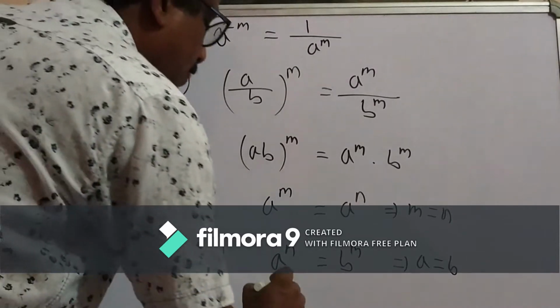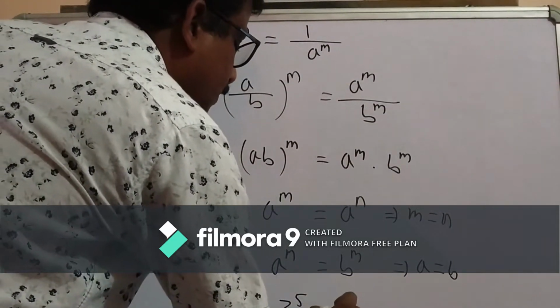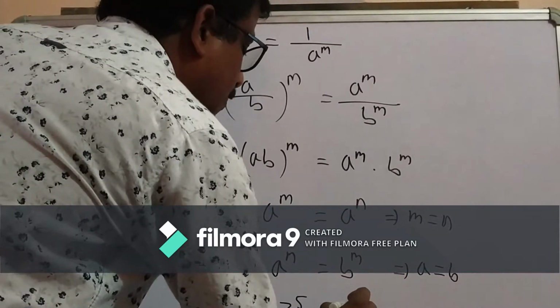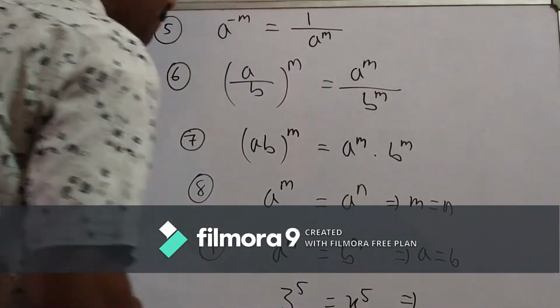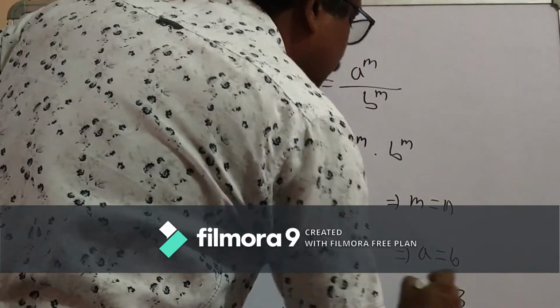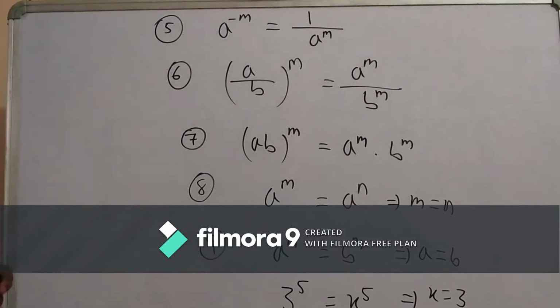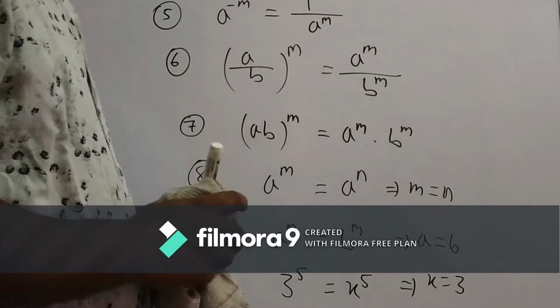For example, 3 to the power 5 is equal to x to the power 5. In both cases power is same, so the base is equal, so x is equal to 3. Understood? These are the formulas related to the exponent chapter.